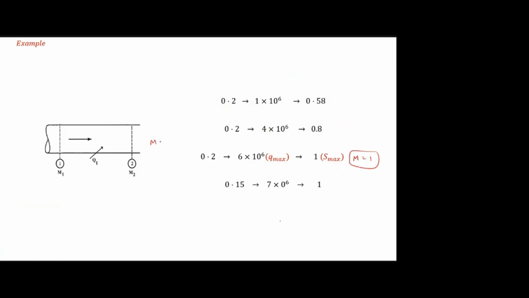Okay, this side the flow got choked, and already we got Q max value. Now assume I am further increasing the Q value more than Q max. Maybe instead of 6 into 10 power 6, this time 7 into 10 power 6. So this side it's fixed. It cannot go beyond because already choking happened.